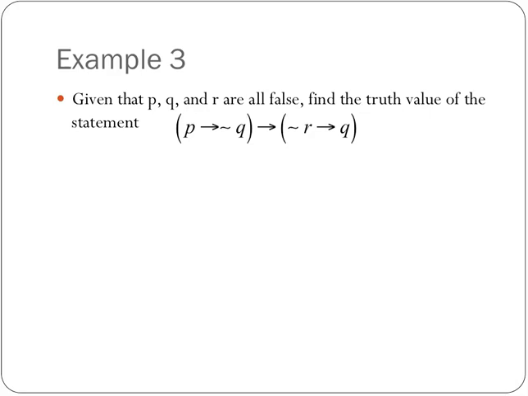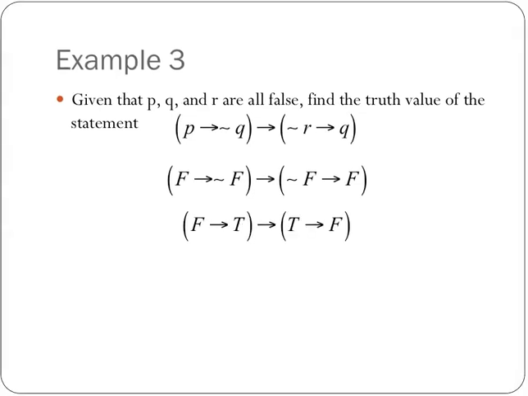So I'm going to replace those and say false implies not false in the first one. In the second one, we have not false implies false. We know that the opposite of false is true. So false implies true in parentheses, and then true implies false in parentheses.